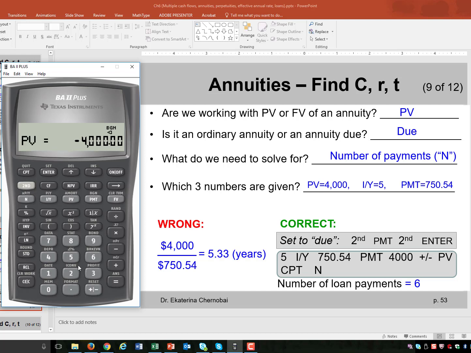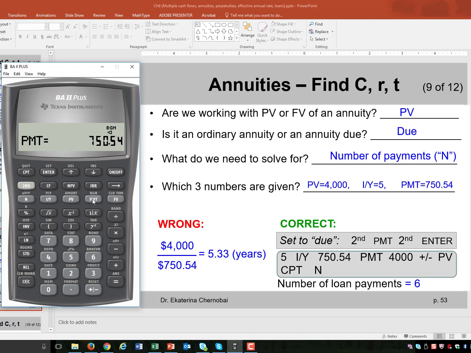Then the interest rate is 5%, 5 IY, that's per year, and the annual loan payment will be $750.54. You leave this sign as positive because you already changed the present value to a negative one. By the way, either present value is negative and payment positive, or the other way around.